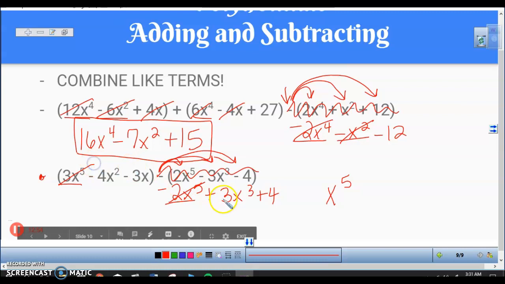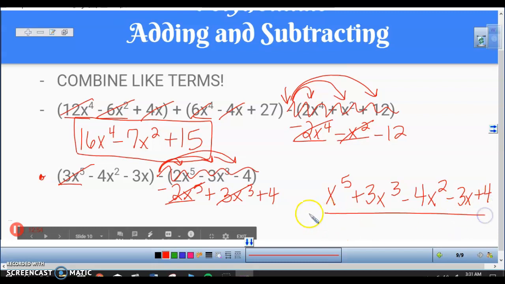Next I have 3x to the 3rd. It cannot combine with anything. Minus 4x squared minus 3x plus 4. So this would be a polynomial with a degree of 5. We actually do call that a quintic. This is a quartic. This is a quintic polynomial. Quartic and quintic are not on your exam. Or your test, I'm sorry.